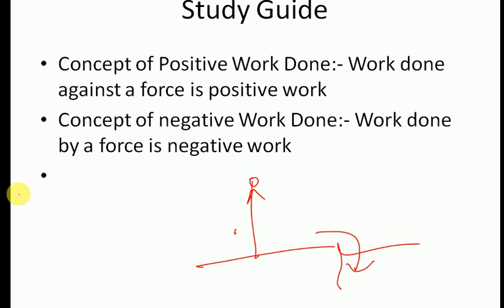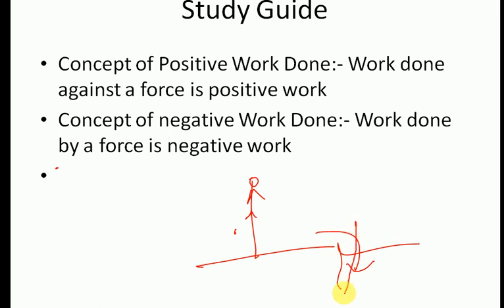When I'm throwing up the ball, I'm just repeating once again, this is a very good concept of physics. If I throw up the ball, I have applied a force on the ball that is working against gravity, so that is positive, and the acceleration due to gravity is negative.